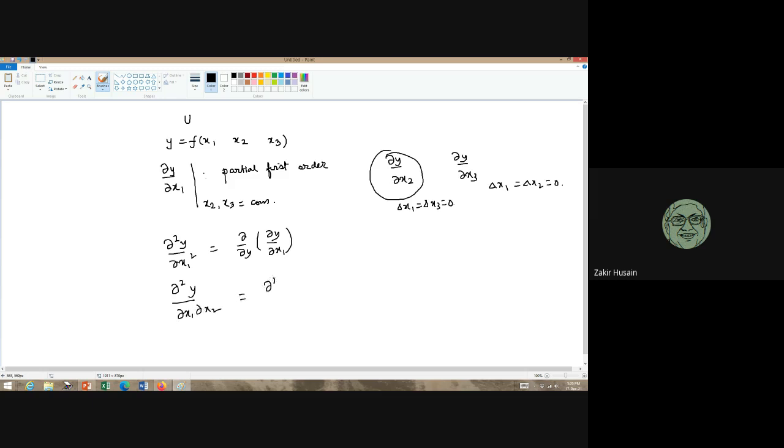So there's a theorem which says that it does not matter which one you are taking first, del x1 into del x2 or del x2 into del x1. That is same. This is called Young's theorem. So I have stated Young's theorem and then I had discussed a very simple intuitive proof of it.